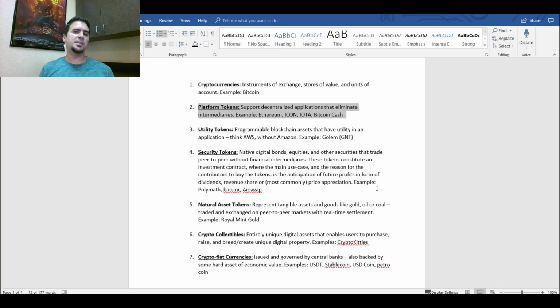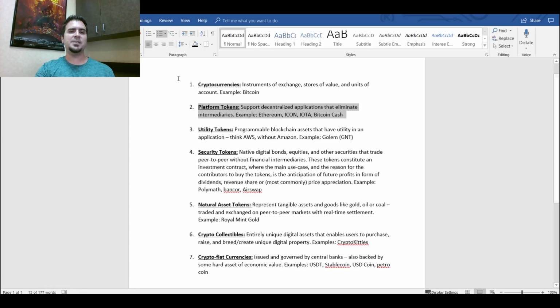So the more tokens and assets that are built on that platform, the more they're utilized, the more transactions that occur within those individual tokens, the plumbing, the foundational layer, is going to be much stronger in the end. And that platform value is going to skyrocket beyond belief. And if you invest in it, you're going to make a lot of money. So that is why I'm keen and very interested in platform tokens.